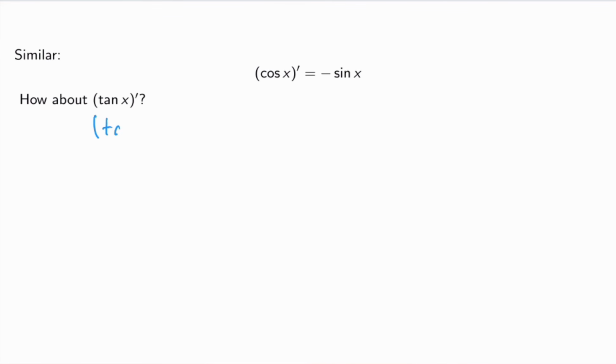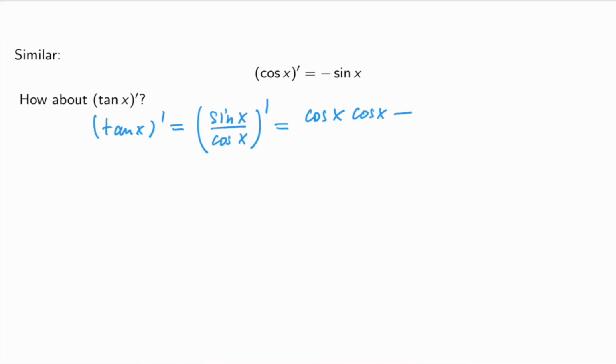So tan x prime, of course, is sine divided by cosine of x prime. And then we have a rule which we can use. Yes, the quotient rule. Low d high minus high d low, draw a line and square below. So let's do this. Low is cos, d high, so high is a sine, and the derivative of a sine is another cosine.